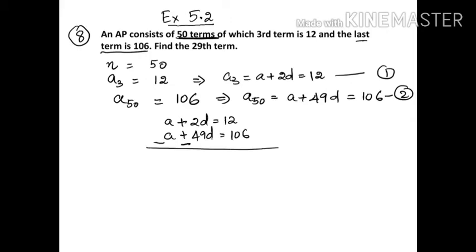Subtracting the two, so we change the sign. Minus 47d is equal to minus 94. So 47d is equal to 94, or d is equal to 94 upon 47, which is equal to 2.